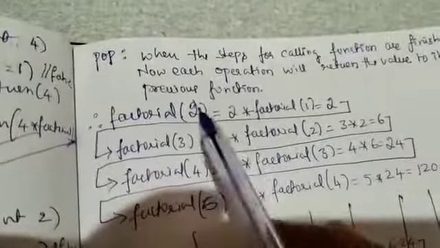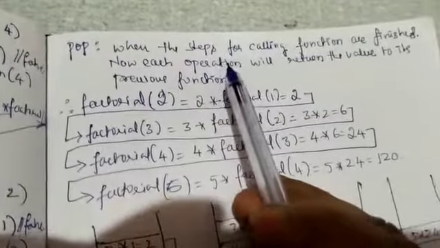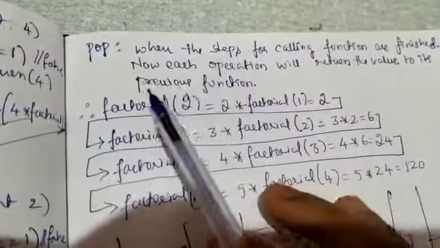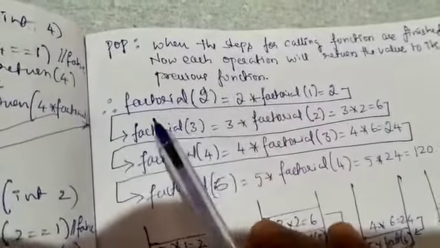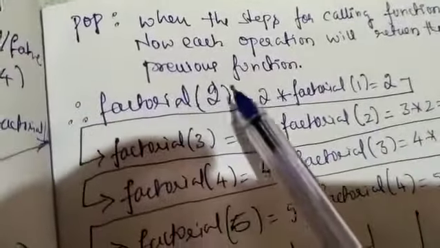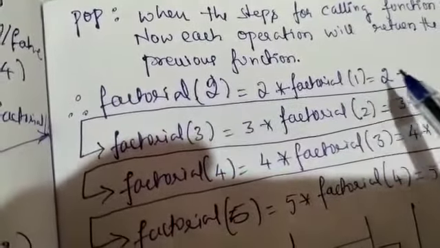So now pop. When the steps for calling functions are finished, each operation will return the value to its previous function. See, therefore the factorial of 2, because already it has reached 0, it has popped. So now factorial of 2, which is equal to 2 into factorial of 1, is 2.